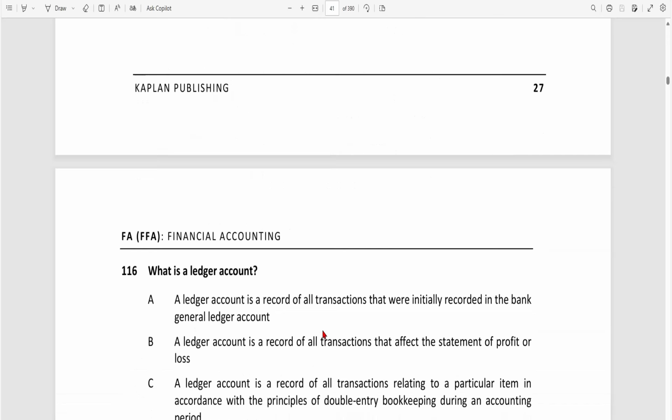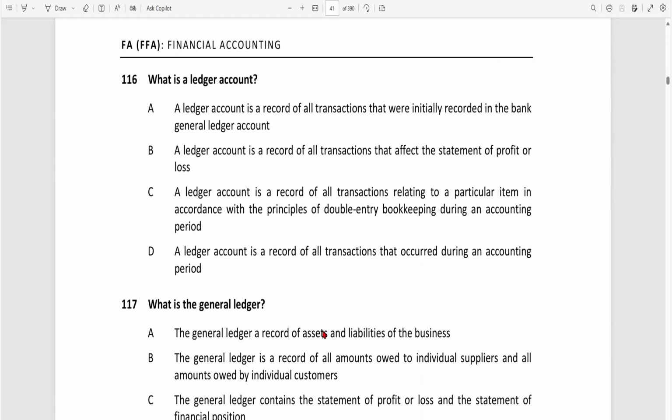The question number is 116, and the question says, what is a ledger account? Okay, so I must say you are familiar with the basic terminology of accounting, right? So let's evaluate the options and try to figure out the correct option.